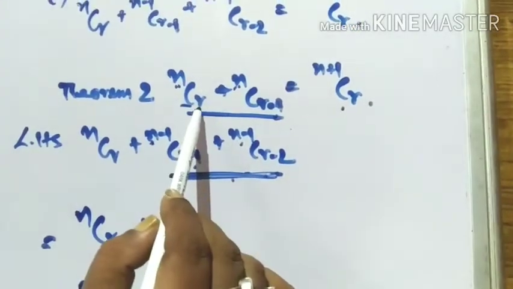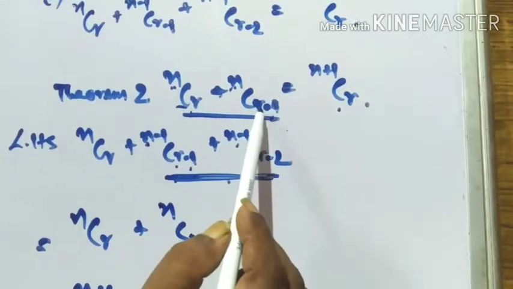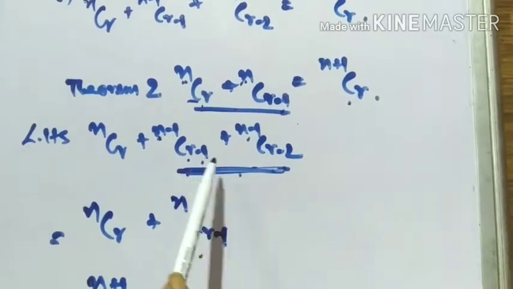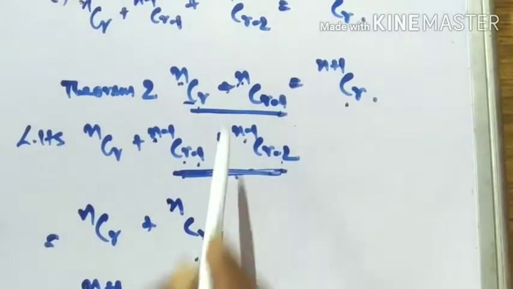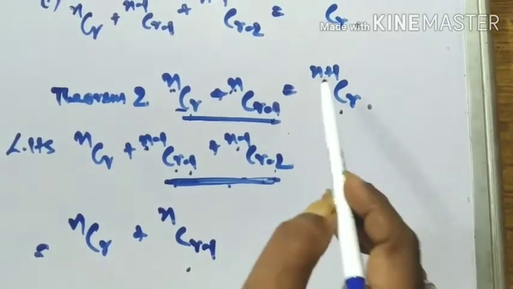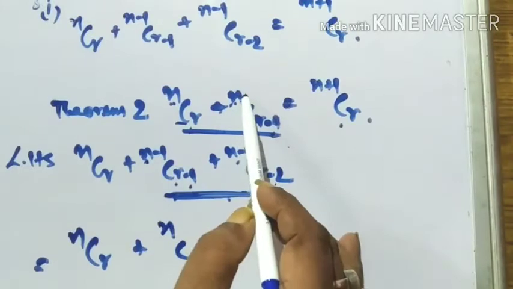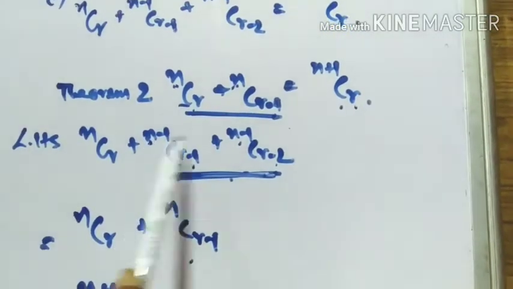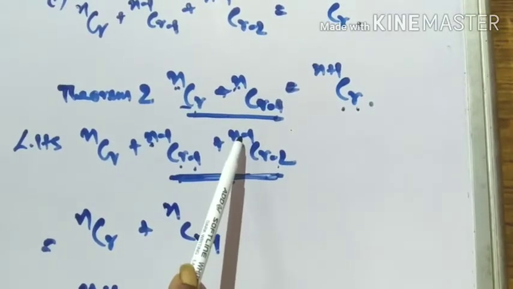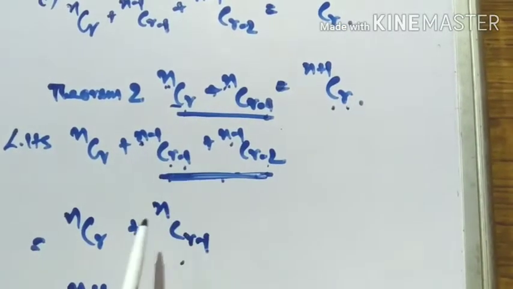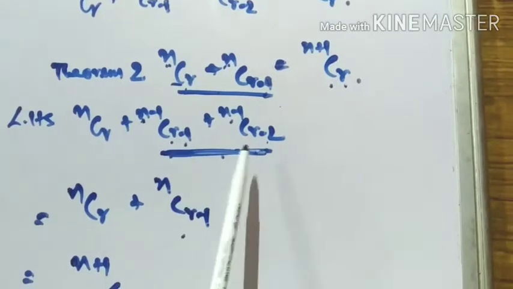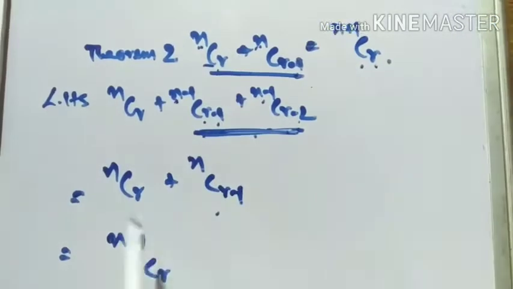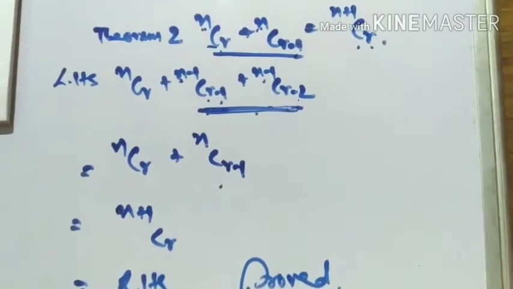Now this is r and the second term is 1 less than the first, so again r-1, the second is 1 less. Both are the same. The result is n+1: 1 is added to n, and the greater of these two is selected. So n-1 plus 1 becomes n, and the greater is r-1. Again, this is theorem 2, and we get the answer.